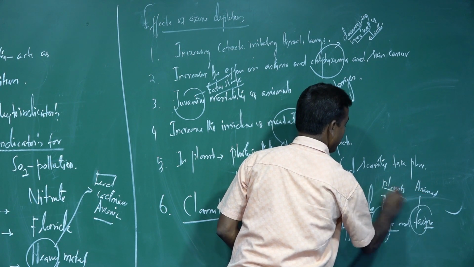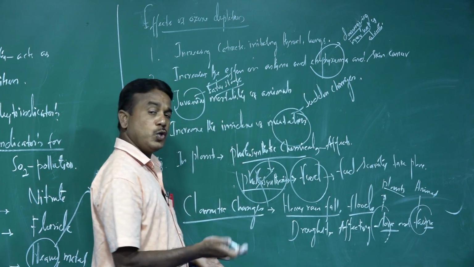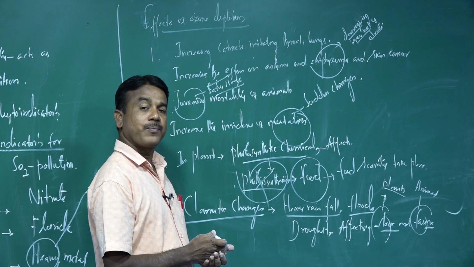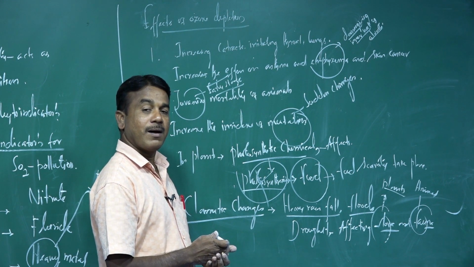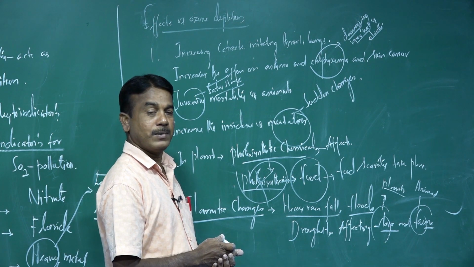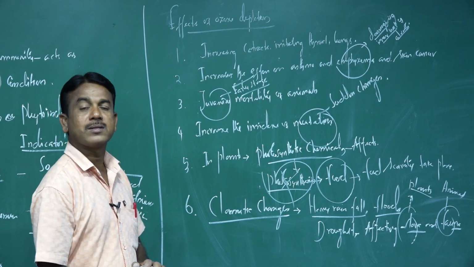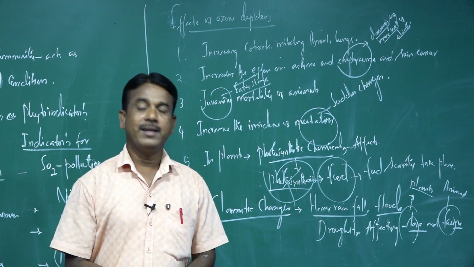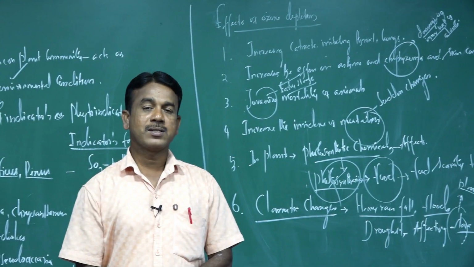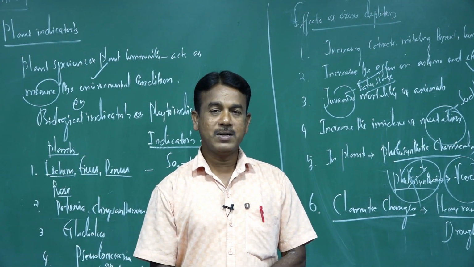So the increase in temperature affects plants as well as animals, and highly affects the entire ecosystem. Those are commonly called the effects of ozone depletion. This is the end of this environmental issue, ozone depletion.